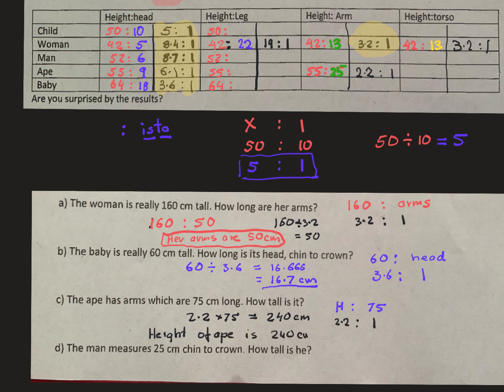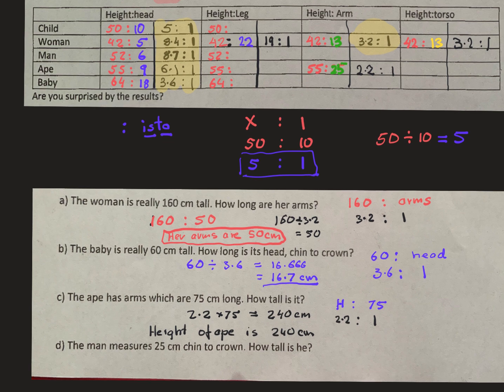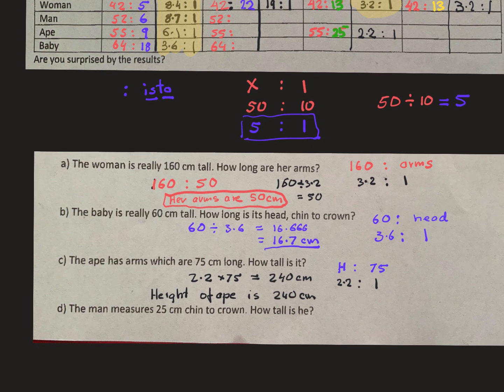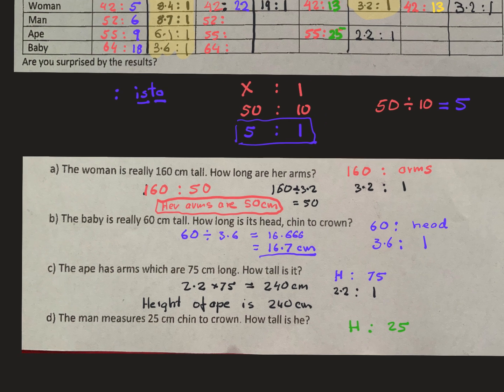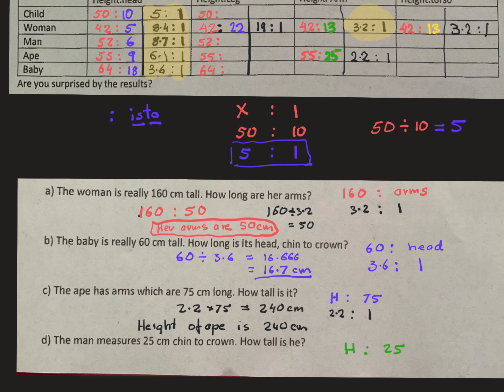And lastly, a man measures 25 centimeters chin to crown. How tall is he? What's his height if his chin to crown is 25? We've got to find the ratio for the chin to crown, 8.7 to 1.